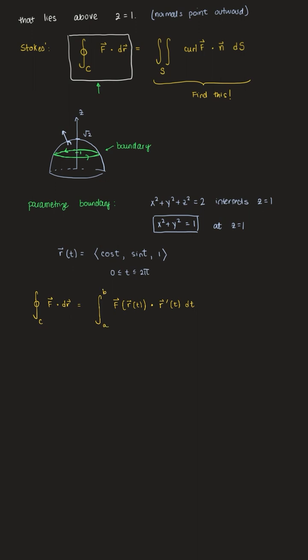So now that we have r of t, we do need r prime of t, and we also need to evaluate our vector field along the curve. So r prime of t is going to be negative sine t, cosine t, and 0.